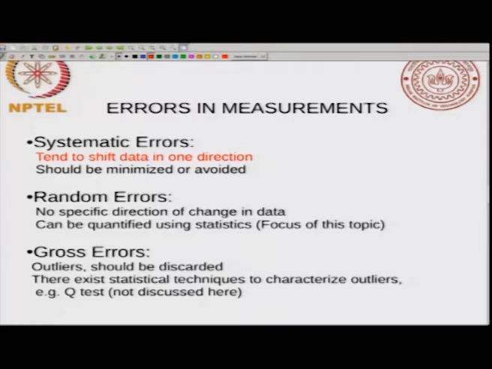In fact, there exist statistical techniques to characterize outliers. For example, the Q test is a well-known statistical test used to identify which of the data are completely off and should be thrown away. But we will not be discussing that in this lecture. We will be focusing mainly on random errors.